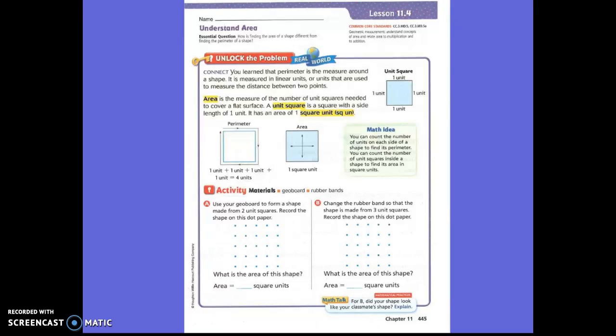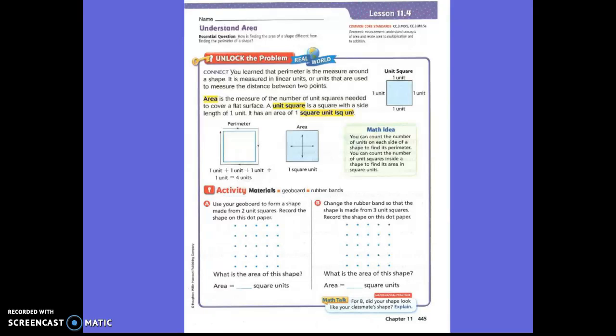So let's read about area. Area is the measure of the number of unit squares needed to cover a flat surface. A unit square is a square with a side length of 1. It has an area of 1 square unit.